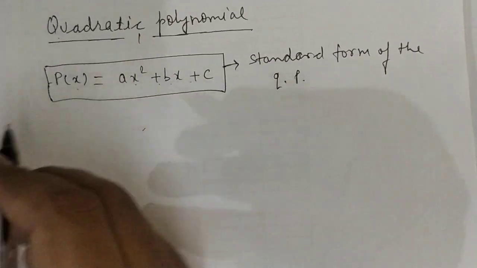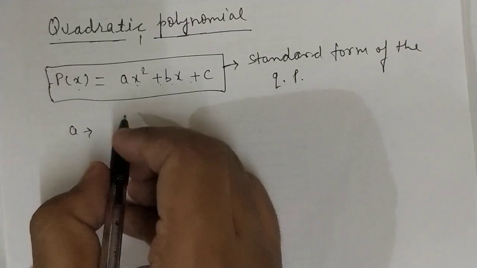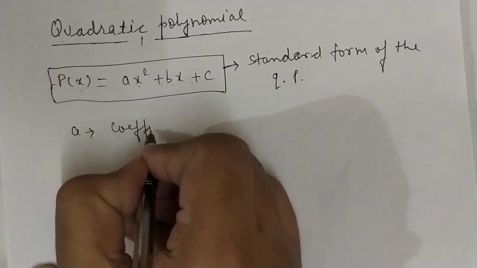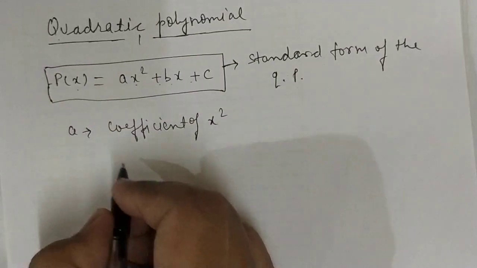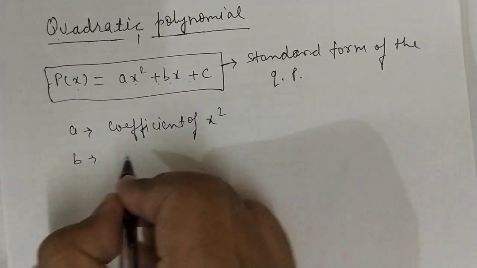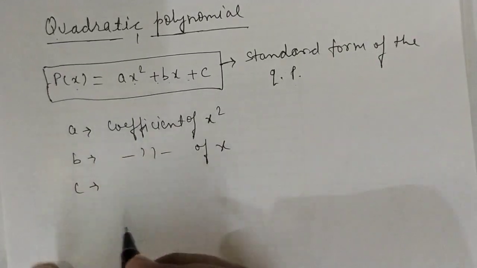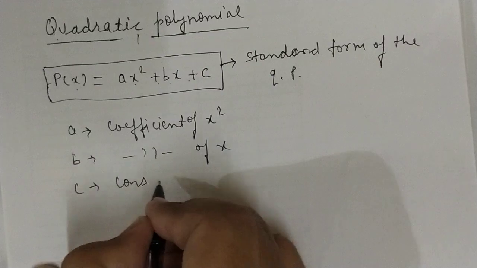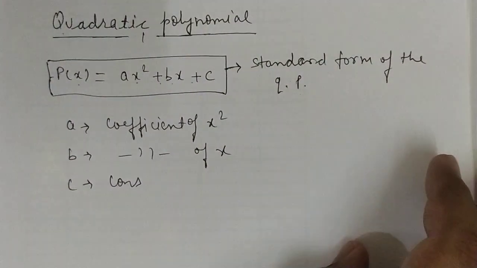Here if I talk about a, what is a? A is the coefficient of x square. In the same way, b is the coefficient of x, and c is a constant term. What is c? C is a constant term.